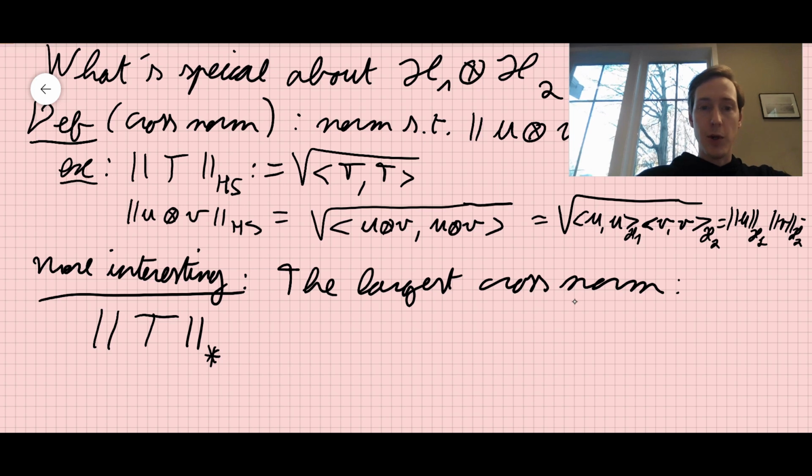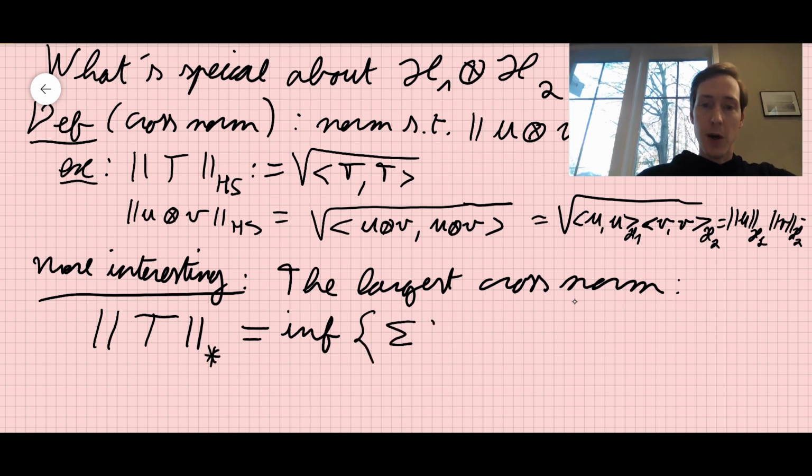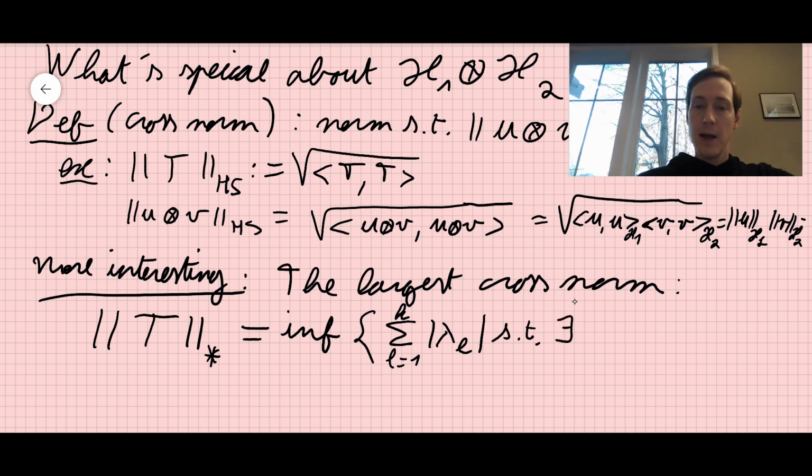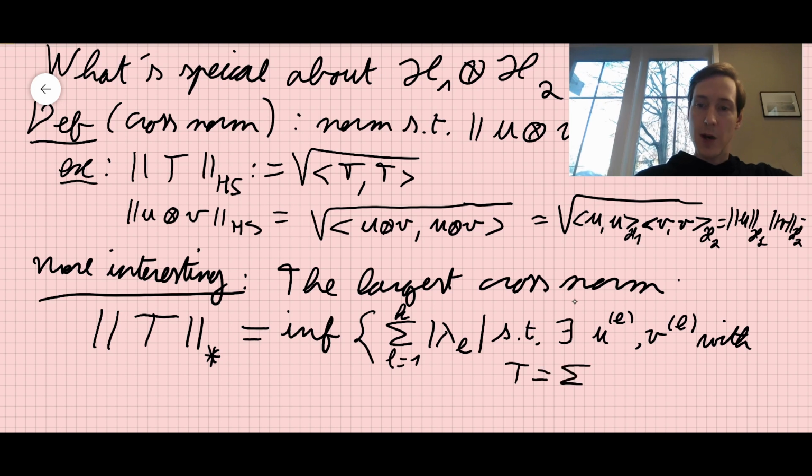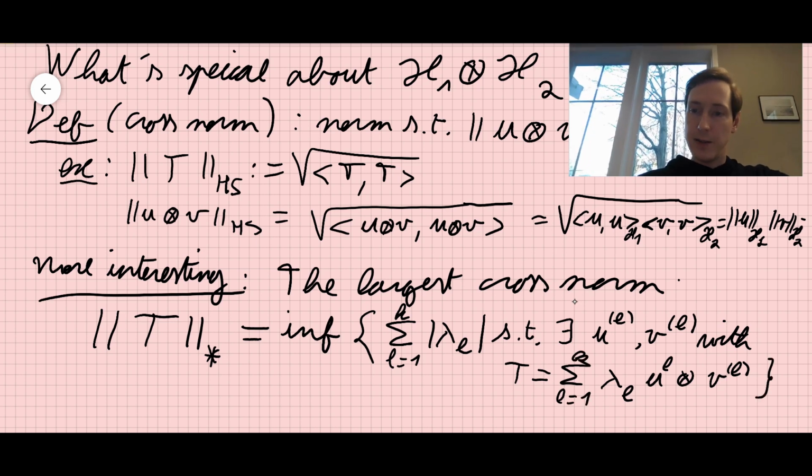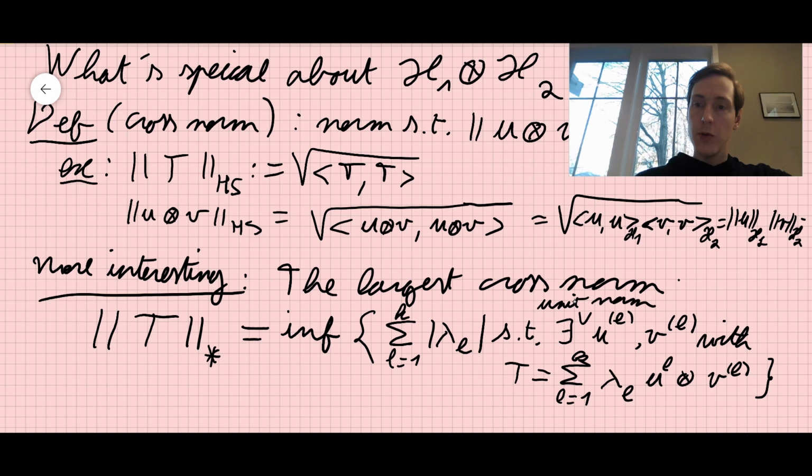So the largest cross norm is defined as the infimum of the sum of lambda L for L equal 1 to K, such that there exist UL and VL with T written as the sum of lambda L UL outer product VL, sum for L equals 1 to K, and of course there exist unit norm UL and VL.